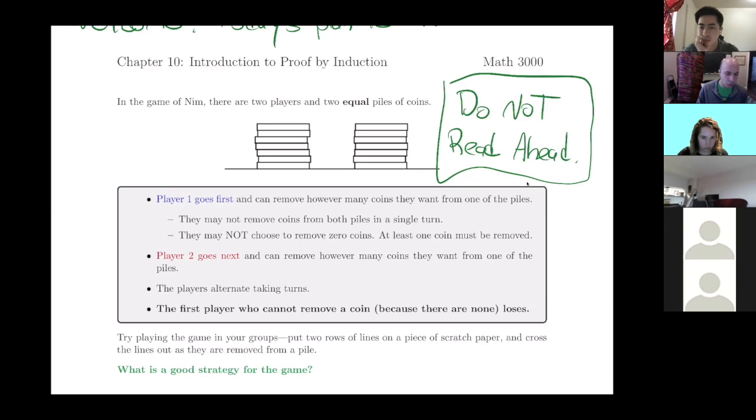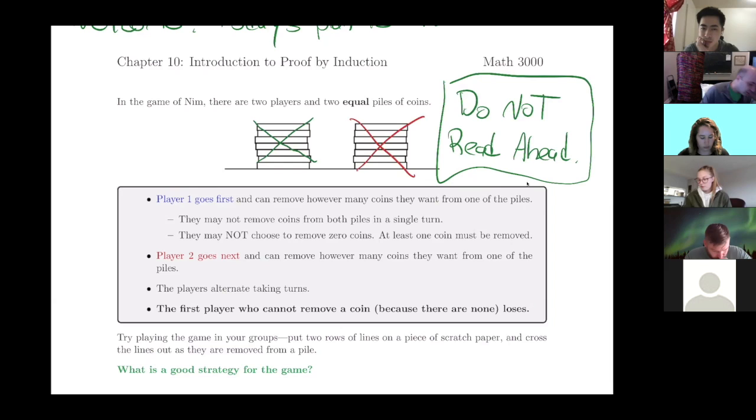So for example, if we were doing this game over here, player one could pick all of these coins, and then player two could do something really unintelligent, let's just say, and decide, I'm going to take this entire pile of coins, leaving one coin left. And then the first player would say, I'm going to take that last coin, and I'm the winner.